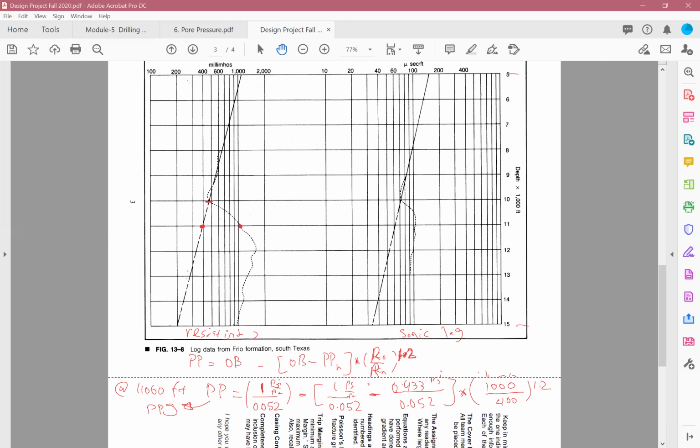I think I did a wrong calculation somewhere. 5.2 minus 1 divided by 5.2 minus 3.3 divided by 0.052 multiplied by 1,000 divided by 400 to the power of 1. No, that becomes negative.